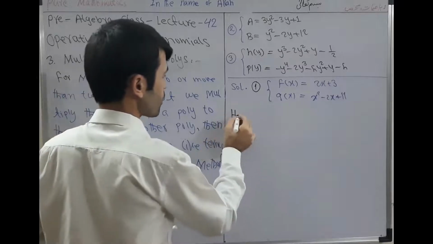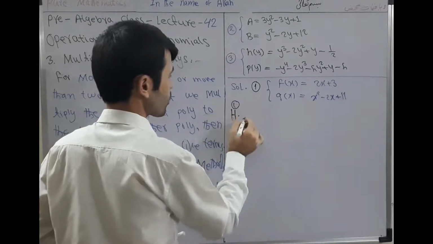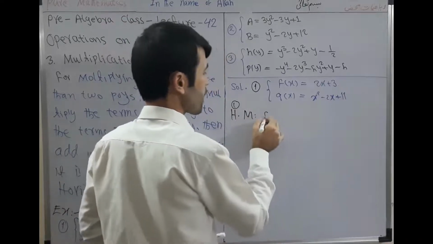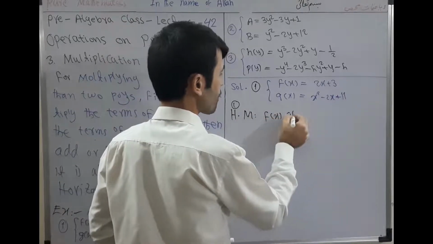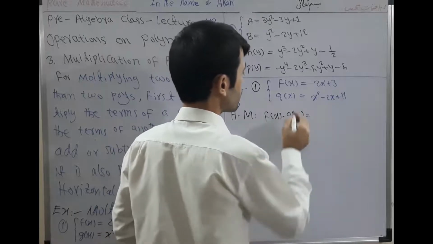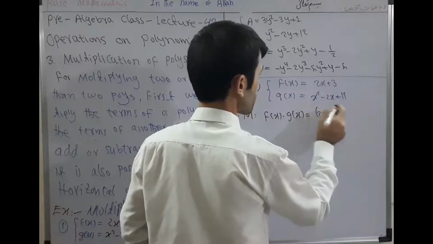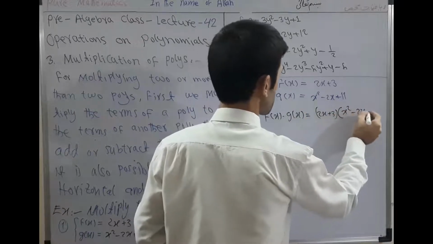Horizontal method. First one, horizontal method. Here f of x into g of x is equal to 2x plus 3 into x squared minus 2x plus 11.